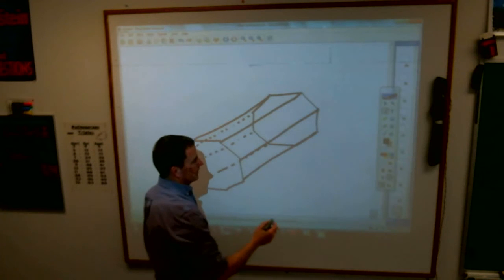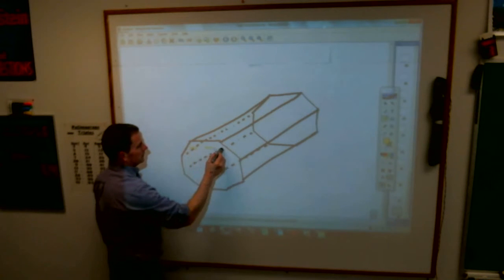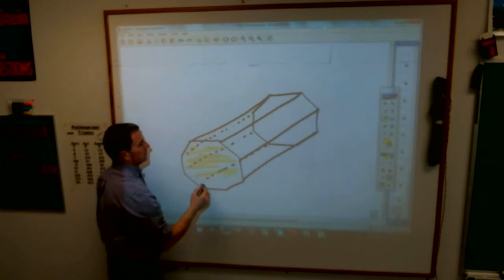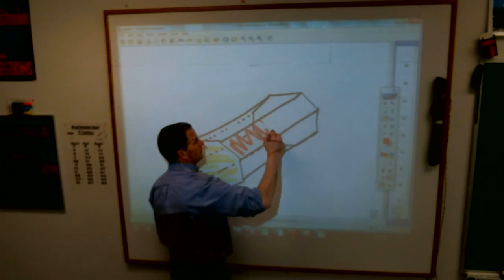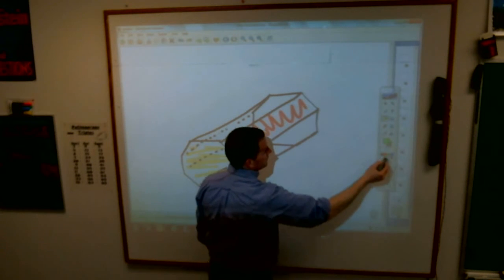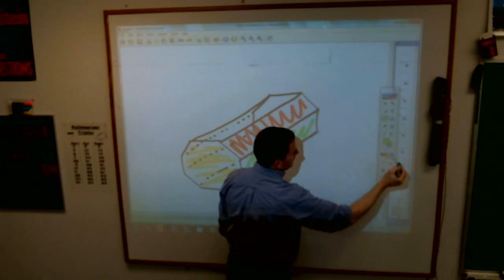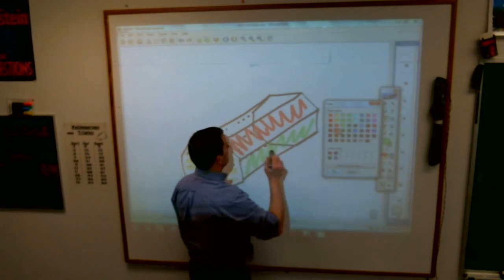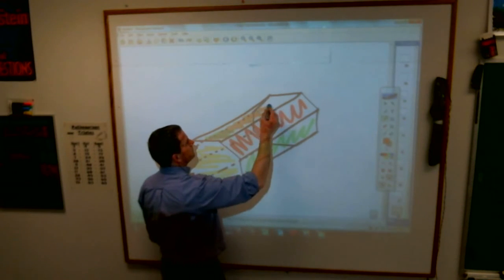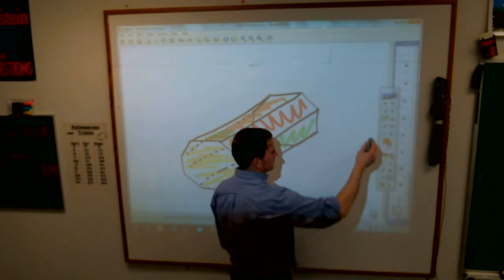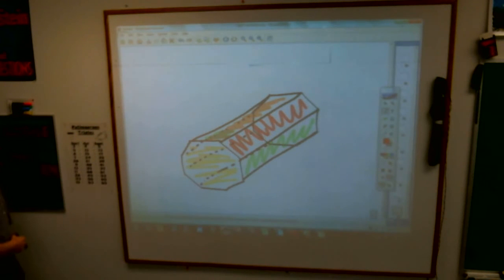Maybe I should try shading it. All right, there's my octagonal prism.